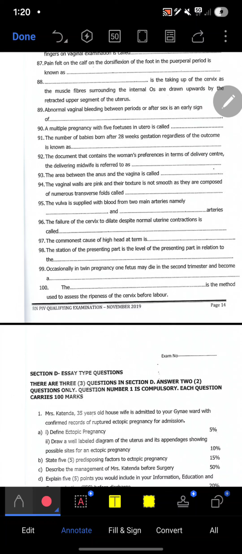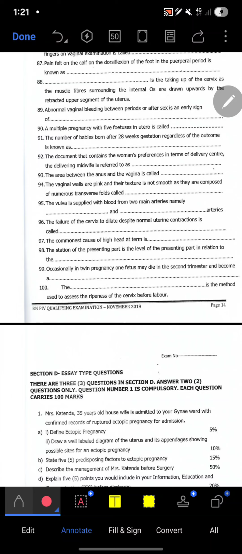91. The number of babies born after 28 weeks of gestation, regardless of the outcome, is known as. The correct answer for 91 is parity. 92. The document that contains the woman's preferences in terms of delivery center and the delivering midwife is referred to as.